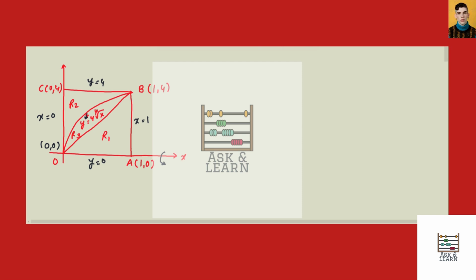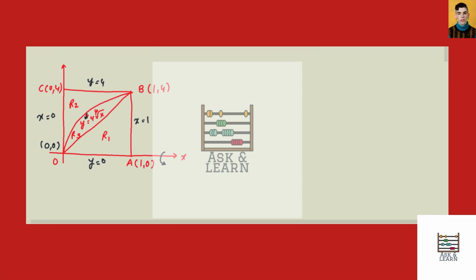So for getting R2, we must take the whole area like this. And the limits will be what? 0 to 1 for x, because we are rotating in this way, about the y-axis. The limits will be from 0 to 1.